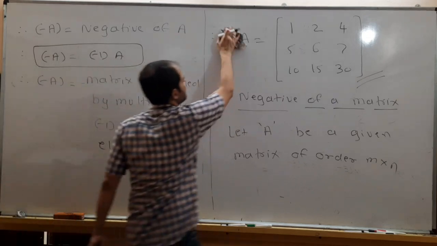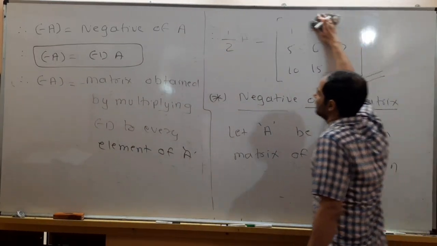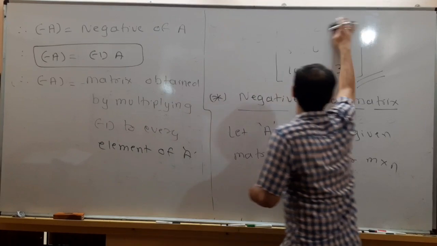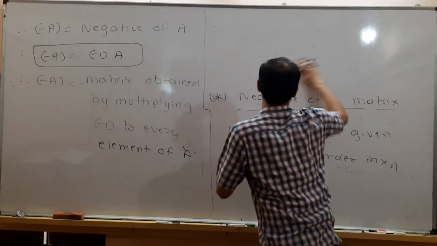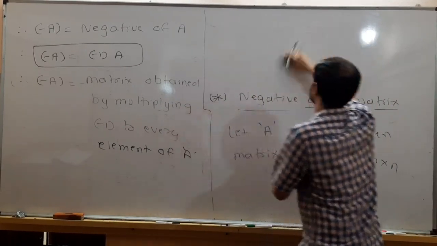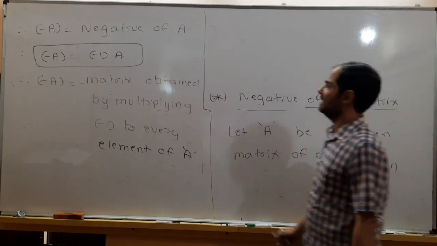Let me give an example. It's very easy. Now you can do it directly because we have done multiplication of a matrix by a scalar. So it is that only.